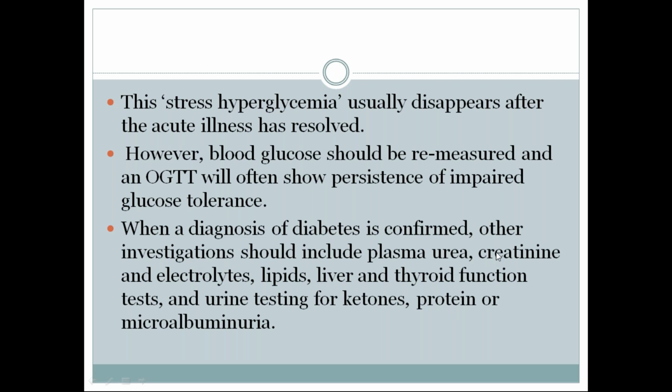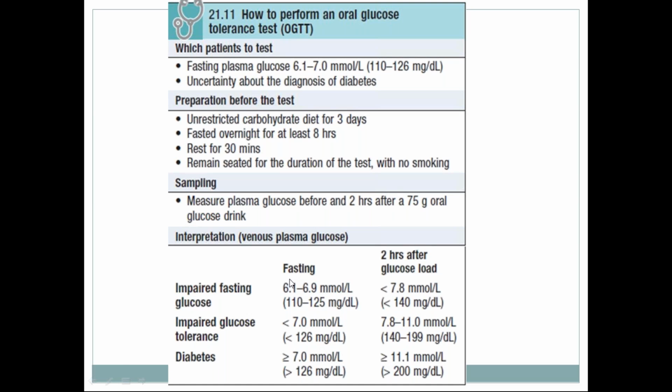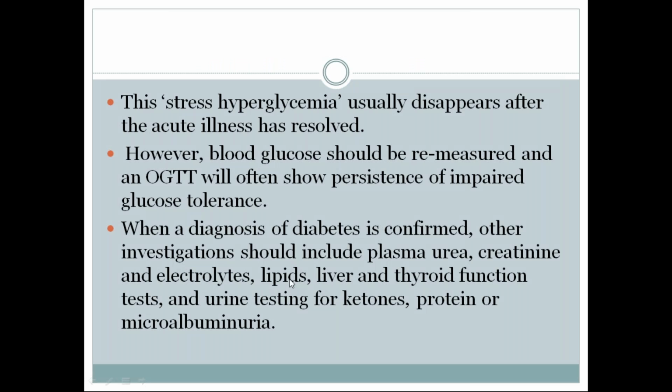So to exclude microvascular complications in the form of nephropathy, you have to measure plasma urea, creatinine, and electrolytes.